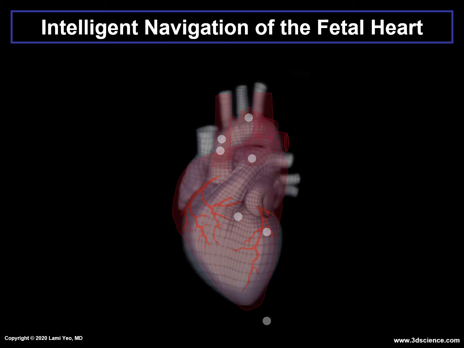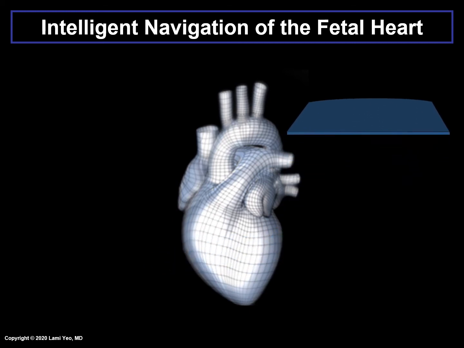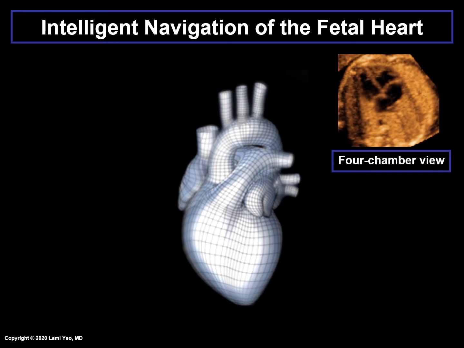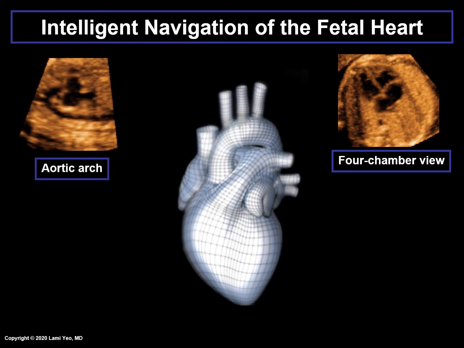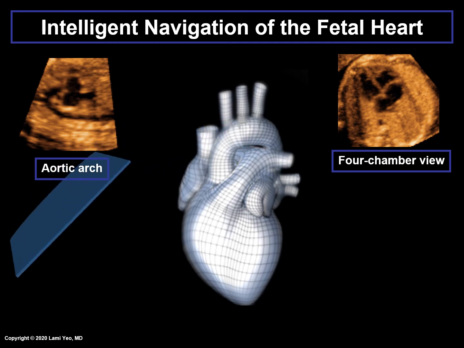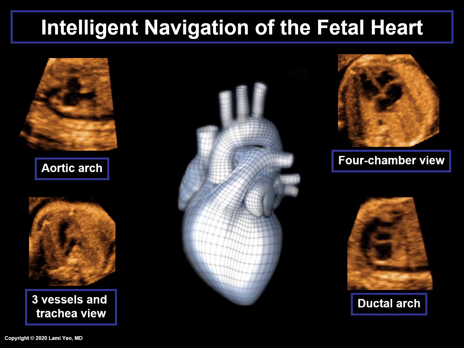Next, an internal geometrical model of the fetal heart is generated, and then the system will automatically navigate through the model, find, extract, and display specific cardiac planes, such as the 4-chamber view, the aortic arch, 3 vessels and trachea view, and the ductal arch. 4 planes are shown here, but of course FINE will depict 9 planes.